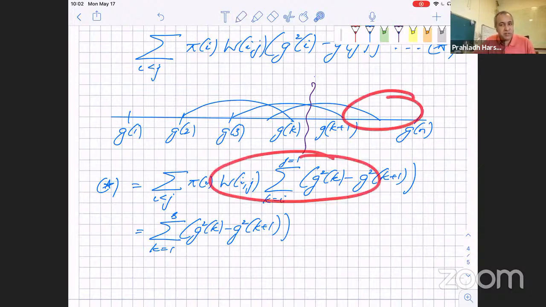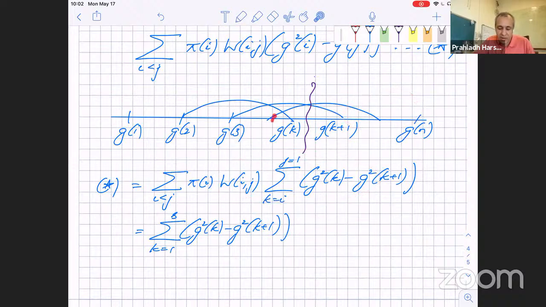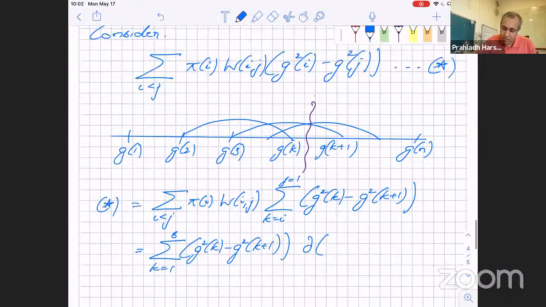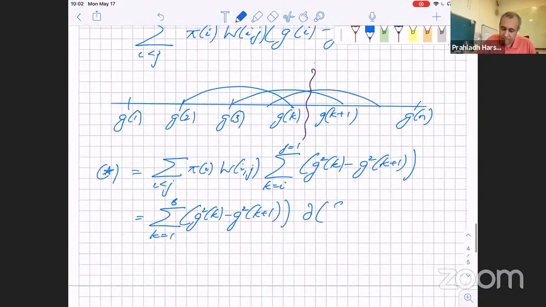If it's completely on the other side, it will not contribute. Only when the edge is crossing between them. So I claim this is exactly dou of {1, 2, up to k}. It's exactly the sum of the weights of the edges crossing this particular cut.